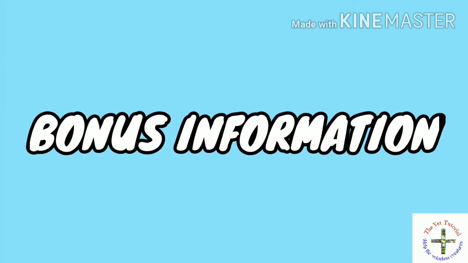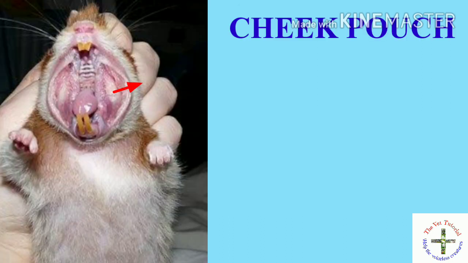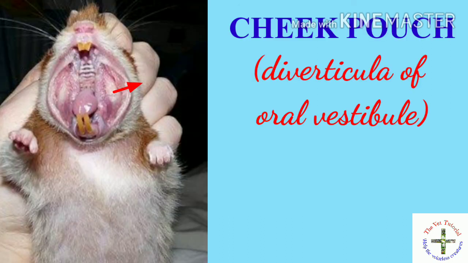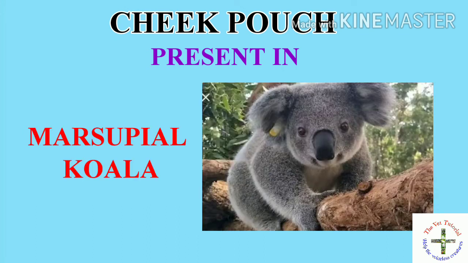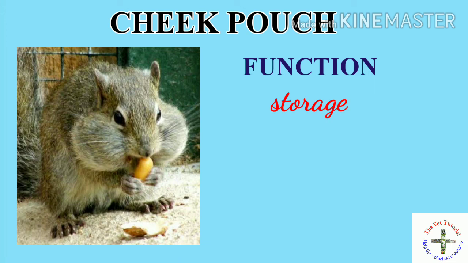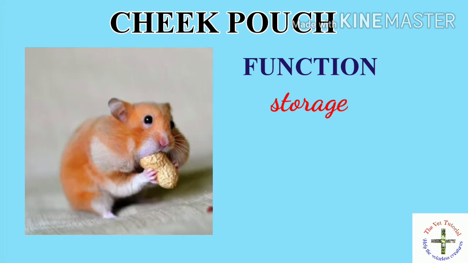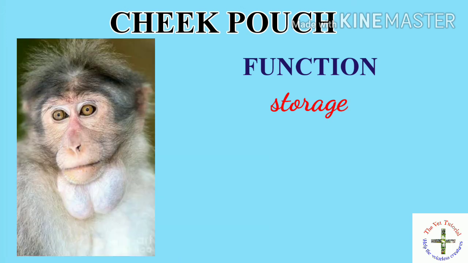Therefore, there is a bonus information for all of you, that is about cheek pouch. Diverticula of the oral vestibule, that is cheek pouch, occur in certain rodents, monkey, platypus, as well as in the marsupial koala. These pouches have storage function and enable the animal to harvest its food rapidly, and it also helps in stowing purpose.